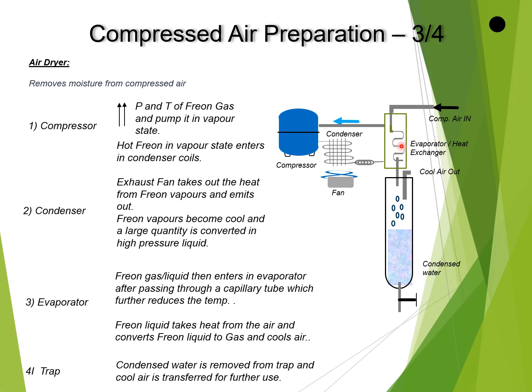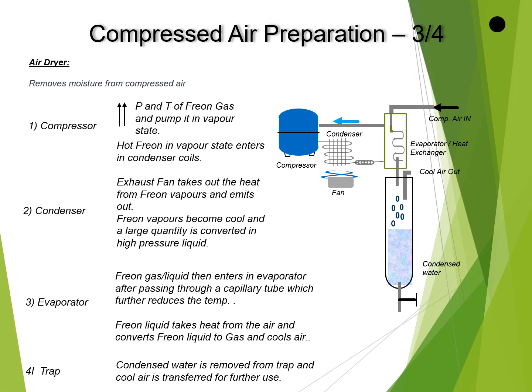This is an evaporator via capillary tube. This capillary tube further reduces the temperature. In evaporator, freon liquid takes a large amount of heat from the compressed air. So what happens? The compressed air becomes cool.